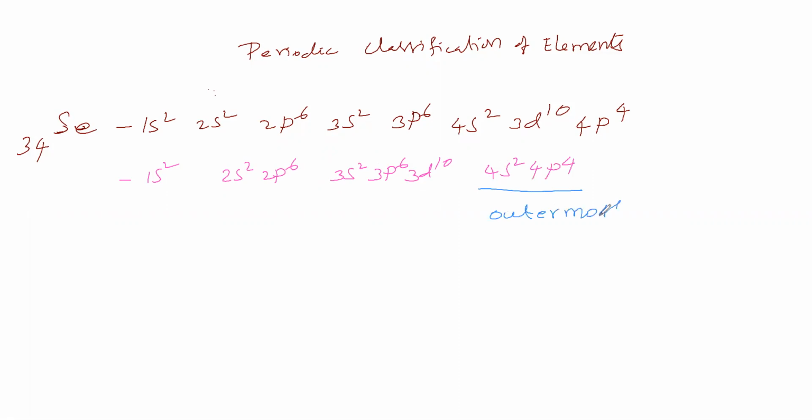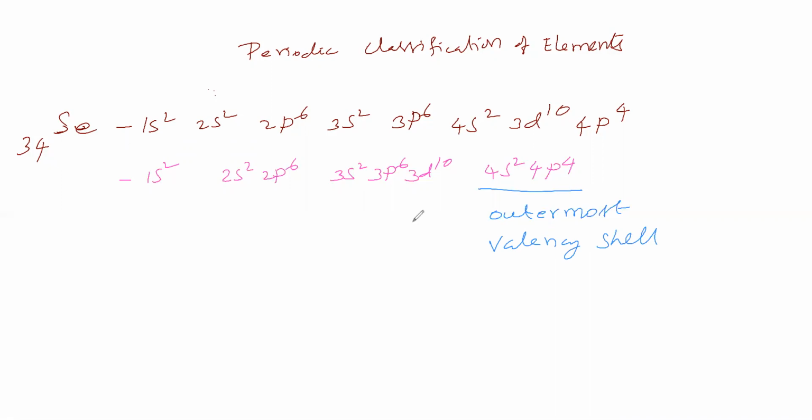So the outermost shell configuration is 4s2, 4p4. In selenium, a maximum of 6 electrons are involved in chemical reactions, that is 4 plus 2, 6. Therefore, this shell is also called the valence shell.